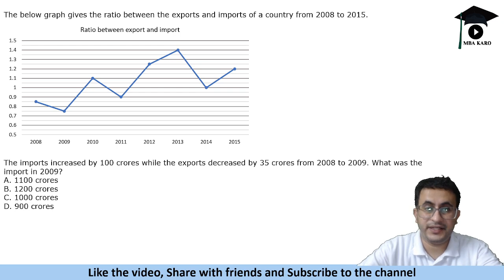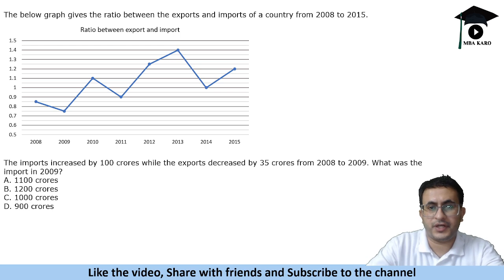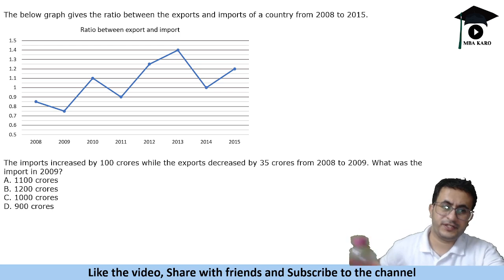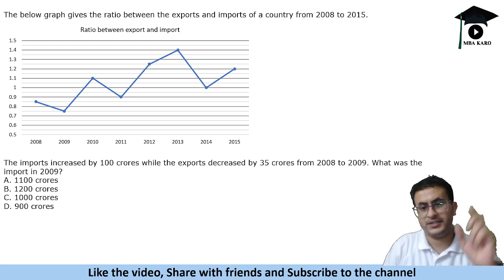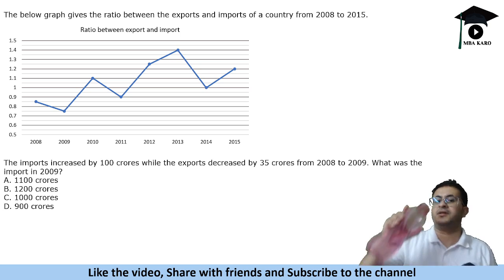This is the next set. It says that it gives the ratio between exports and imports of a country from 2008 to 2015. Okay, this is the ratio of exports and imports. So export upon import is given.